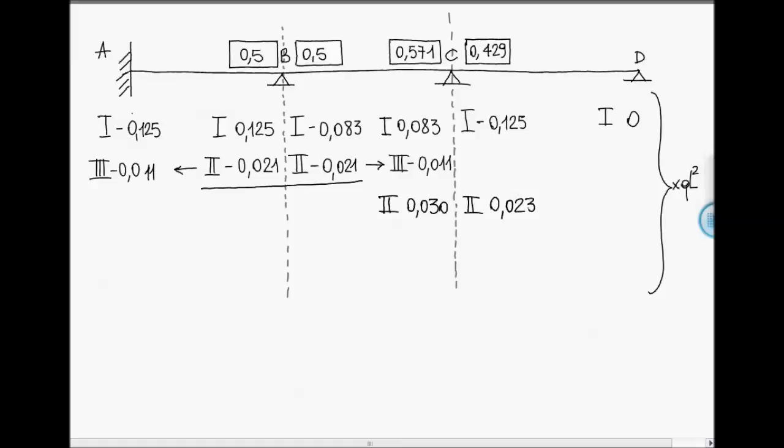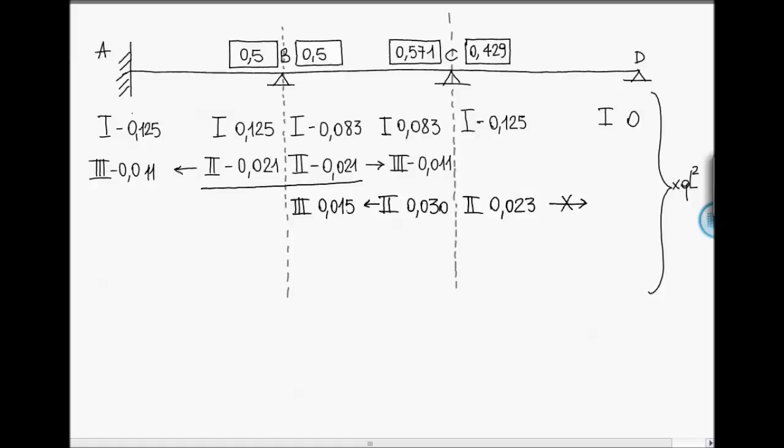On beam CD, the carryover is 0, so we have no third moment on node D, while we will have a third bending moment on node B on the right equal to 0.015.